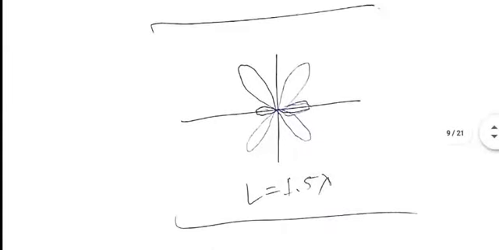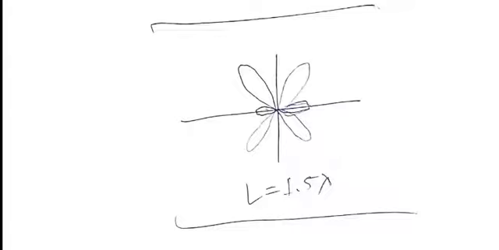L equal to 1.5 lambda gives a very peculiar pattern. You see 4 different directions in which maxima occur of equal strength, and 2 more directions in which maxima of lower strengths occur. They are called secondary maxima.